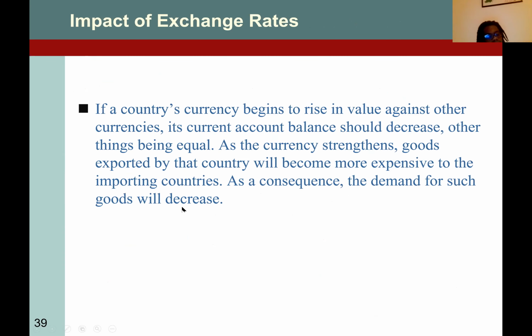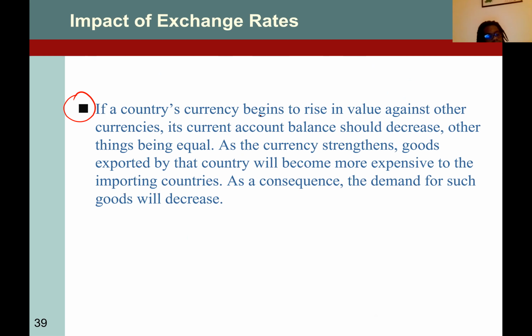Okay, now the impact of exchange rates. Like I told you, if a country's currency appreciates, its product looks more costly. Let's talk about this. Read it very carefully.